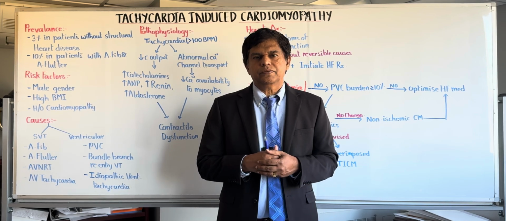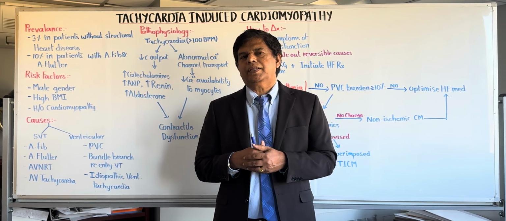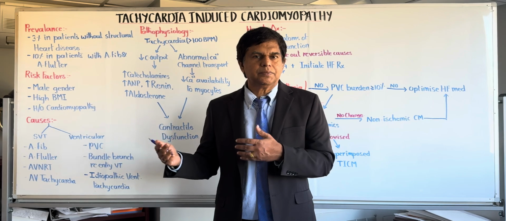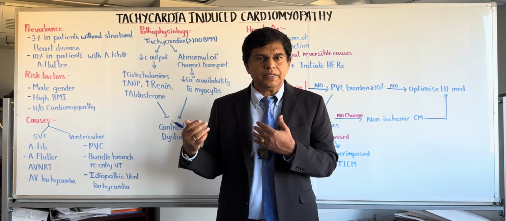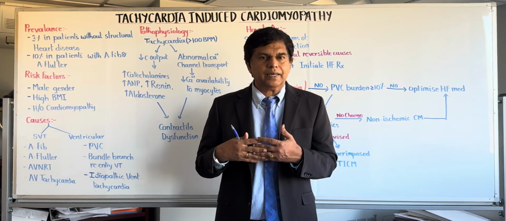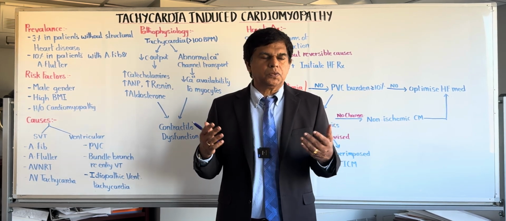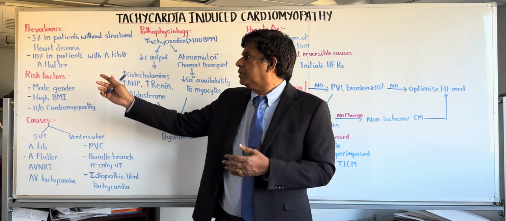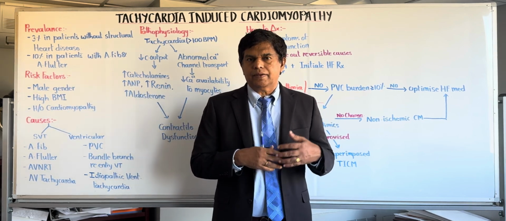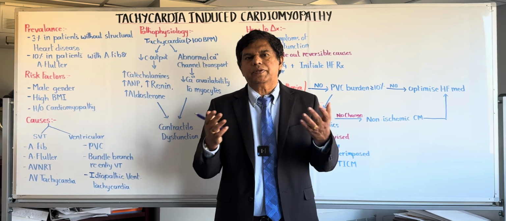When you think about history of pregnancy, people automatically think of pregnancy induced heart failure, but don't think like that. So the question is going to be a 50-year-old male patient, because it's more common in males, with palpitations but no history of any heart disease.